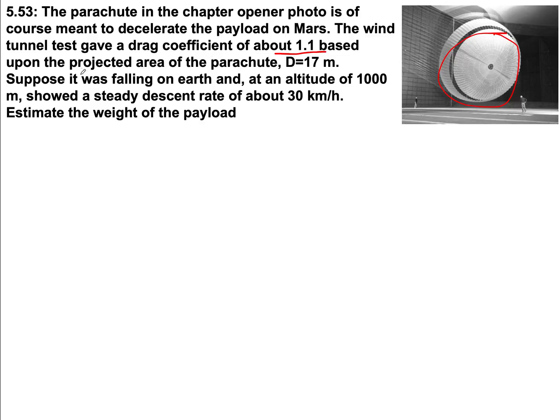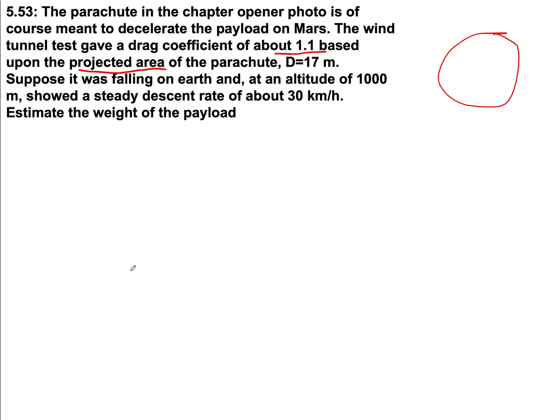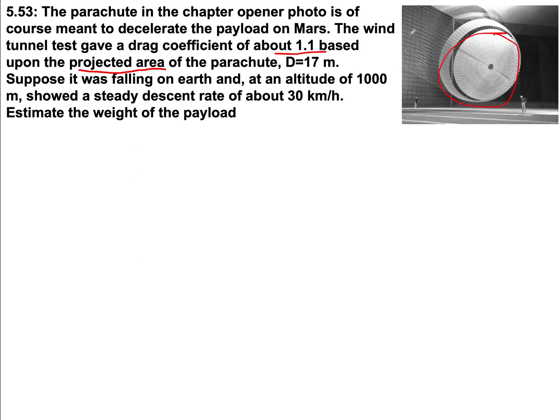And here they explicitly explain to you that the area in the definition of the drag coefficient is the projected area, which is this area that we are talking about. So that has to be explicitly defined in whatever problem you're talking about. But now we get this. So we've seen it for a sphere, and now we see it for a parachute.